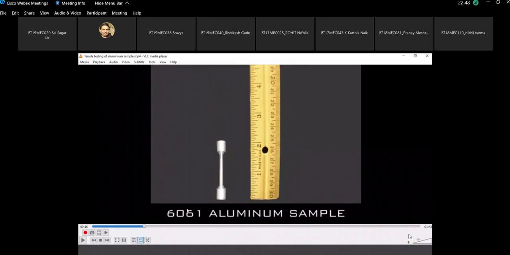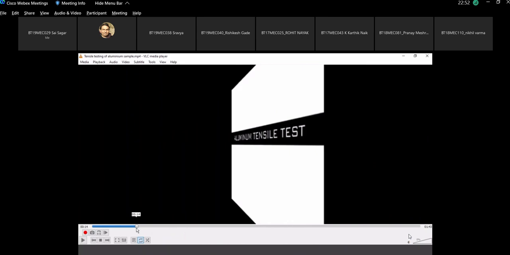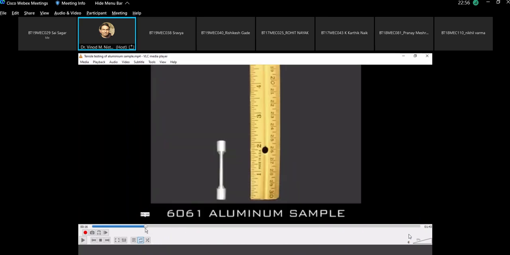Is it visible? Yes, ma'am. So aluminium testing is actually the same as mild steel only. The only difference is in the stress strain graph that we get after this testing.